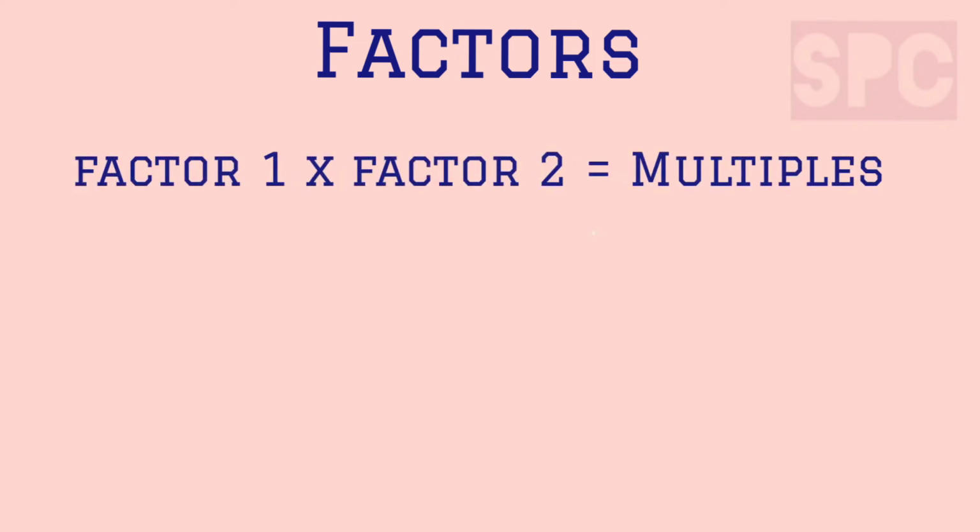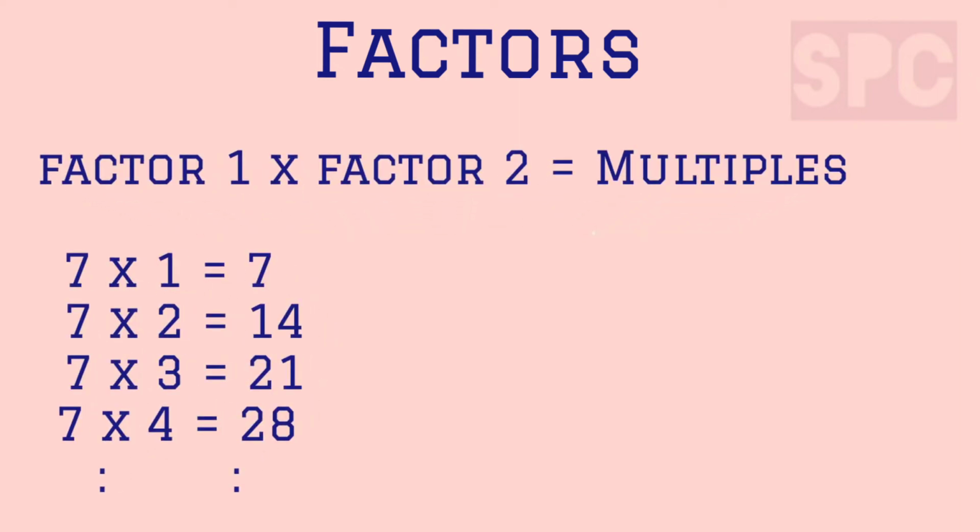Now children, multiples are basically the product of factors. Take the example of 7 again. 7 ones are 7. Now here 7 and 1 are the factors of 7. 7 and 2 are the factors of 14. 7 and 3 are the factors of 21. 7 and 4 are the factors of 28.